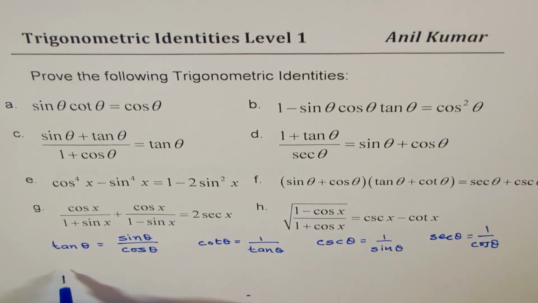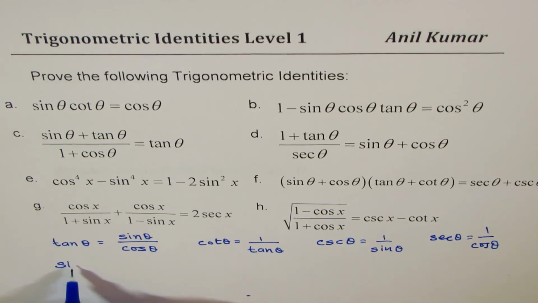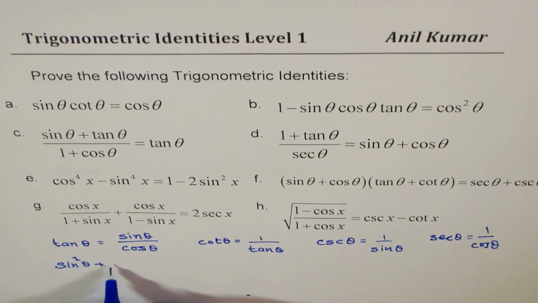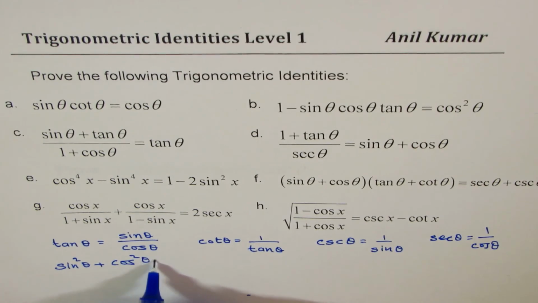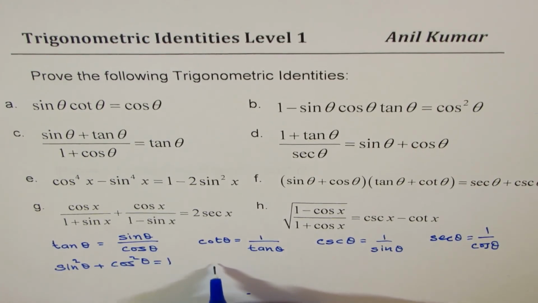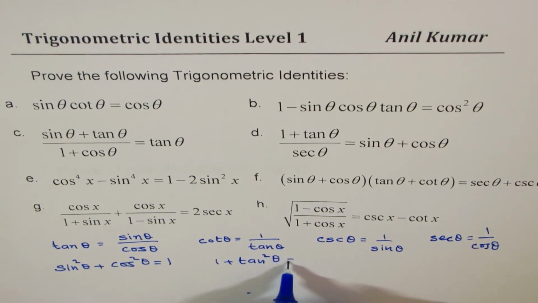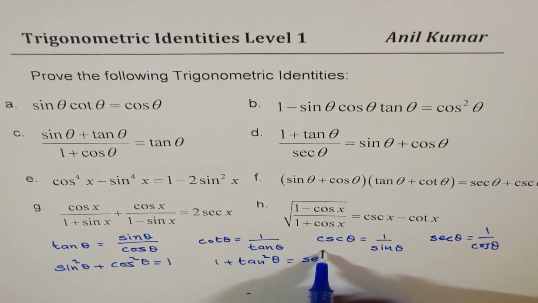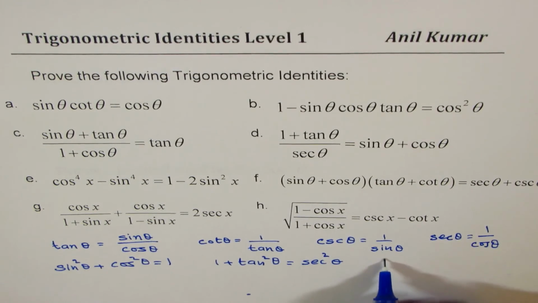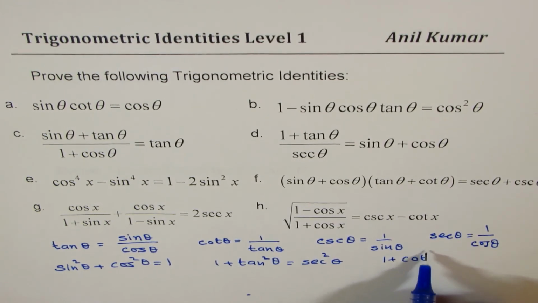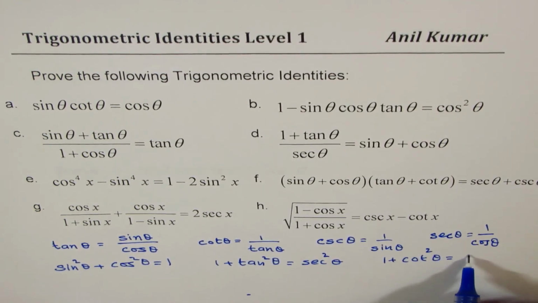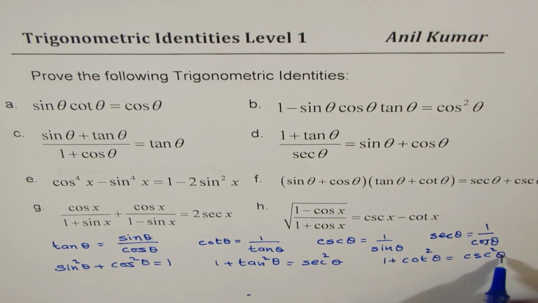You will also be using Pythagorean trigonometric identities, which are like sine square theta plus cos square theta equals 1. Then we have 1 plus tan square theta equals secant square theta, and 1 plus cot square theta equals cosecant square theta, right?